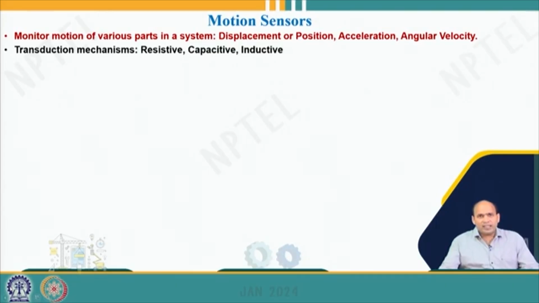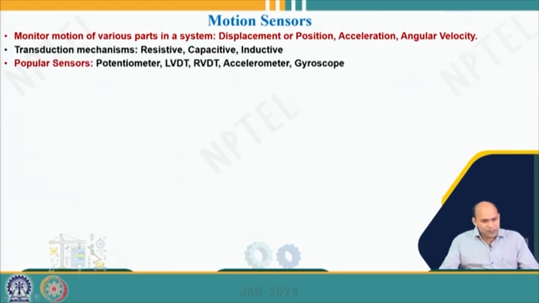Either we can take help of some resistive mechanism or some capacitive technique, or we can go for the inductive technique, right, because you know R, L and C, these are the 3 electrical quantities. Using any of these 3 we can convert any physical parameter into the corresponding electrical quantity, right. So, the popular sensors which come under motion sensors are the potentiometer, used for measurement of displacement.